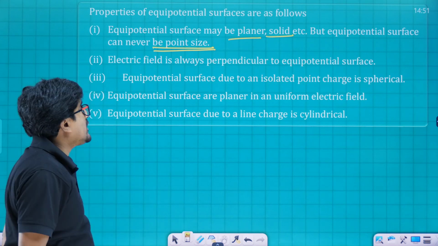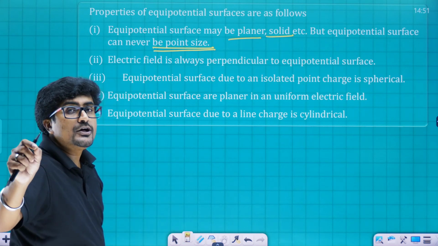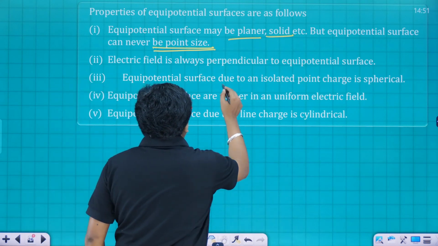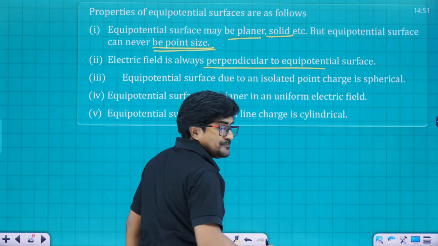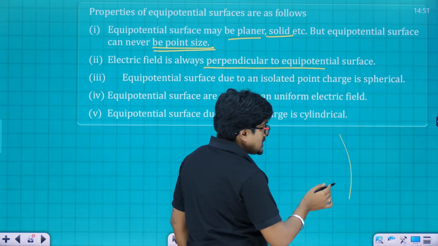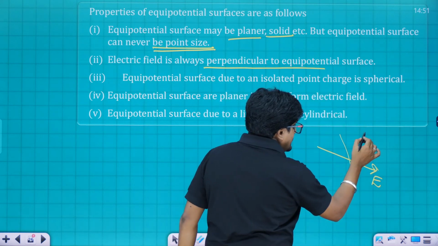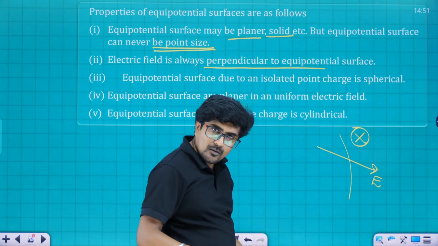Next important information is that the electric field lines associated to an equipotential surface are always perpendicular. So if somebody says this is an equipotential surface and this is the electric field line associated to that, that is not at all possible.